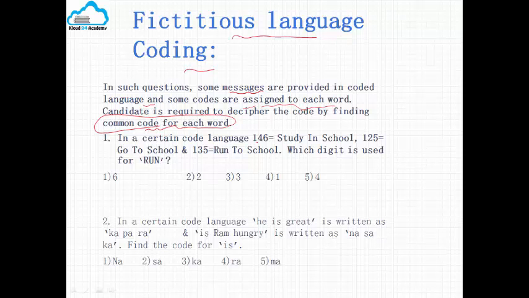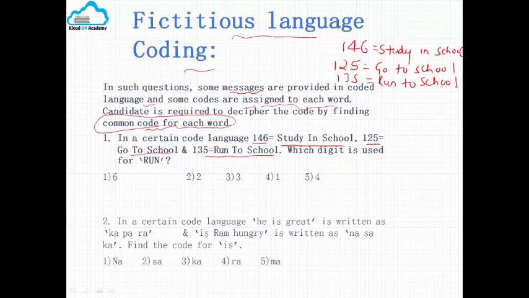In a certain code language, 146 is equal to study in school. 125 is equal to go to school. And 135 is equal to run to school. So let me rewrite it for better understanding. What we have to do is find the common codes.